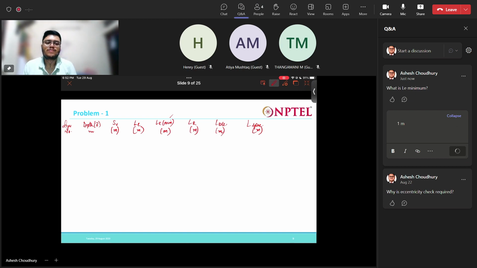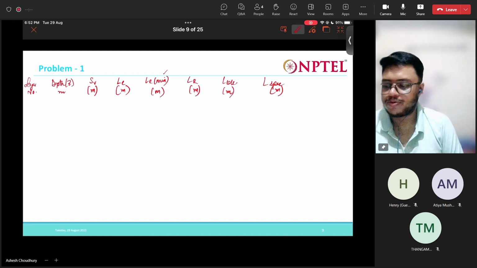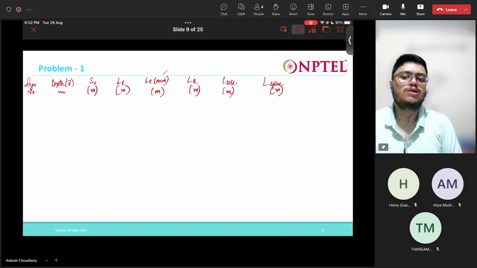As per code provisions, the minimum embedment length that we should provide is 1 meter.